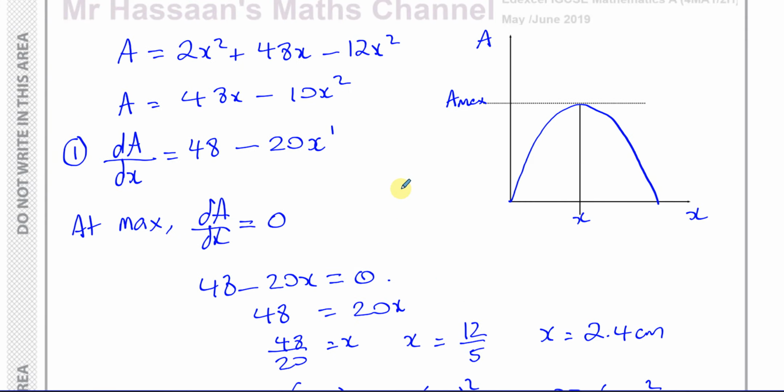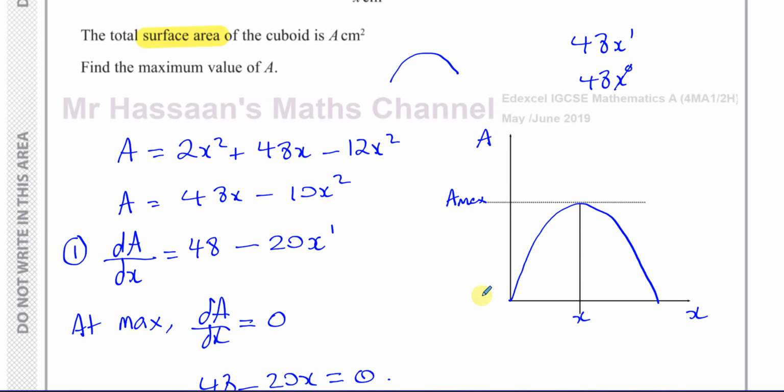Another way of finding the maximum area is to basically complete the square for this expression over here. So when we have A equals 48x minus 10x squared, if we complete the square for this expression, we will be able to work out what the maximum value of this expression is. Now to complete the square for this, it's a bit of a hassle.